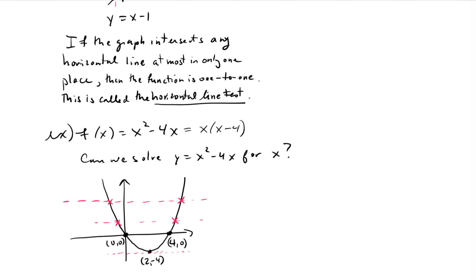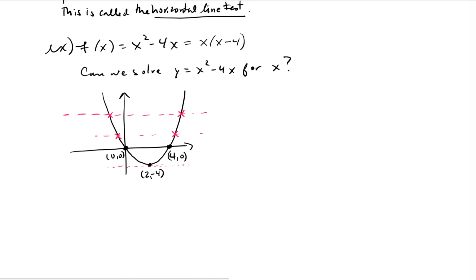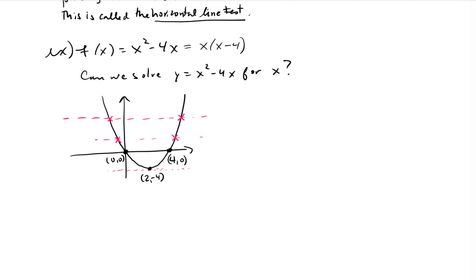That's why it's not one-to-one. This is not a one-to-one function, and that's why we couldn't solve the equation for x. It was not possible. If you could have done it, then the graph would have passed the horizontal line test, but it doesn't.